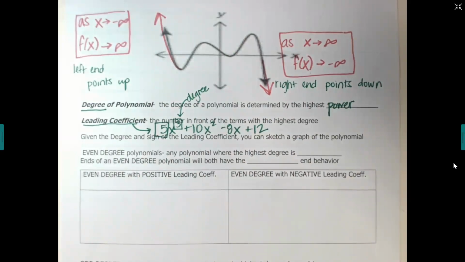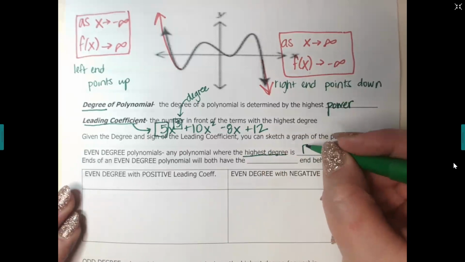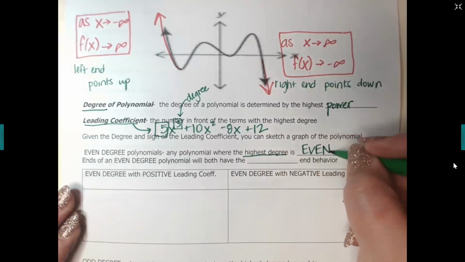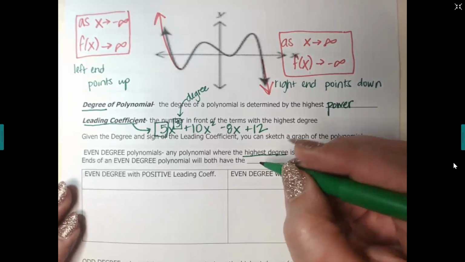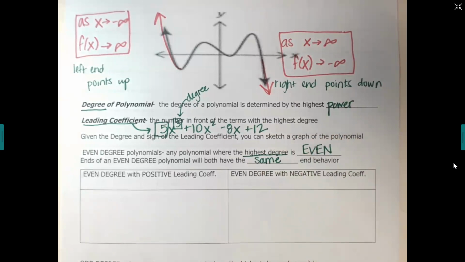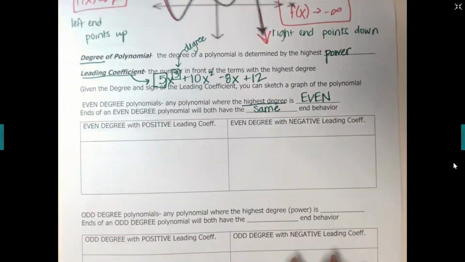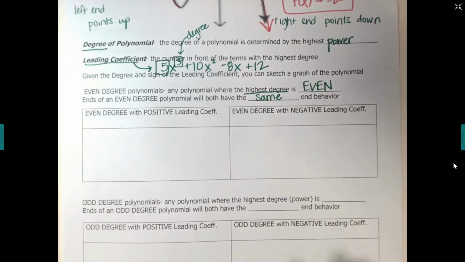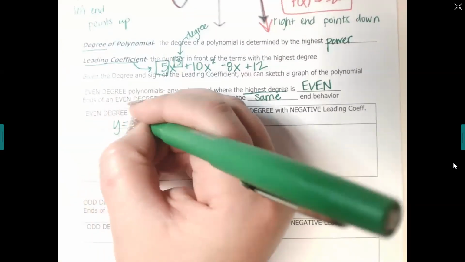Okay, and there are a couple of patterns with degrees that we're going to look at. If you have an even degree polynomial, which means the highest degree is even, then you are going to have the same end behavior on both sides. I'm going to give you a very easy example because you already know at least one even degree, y equals x squared.